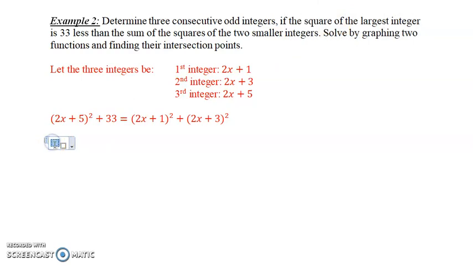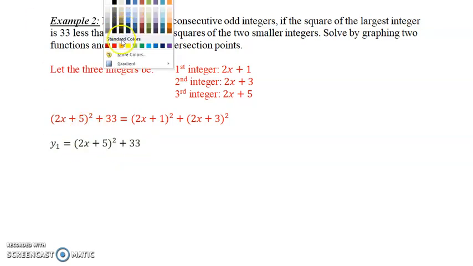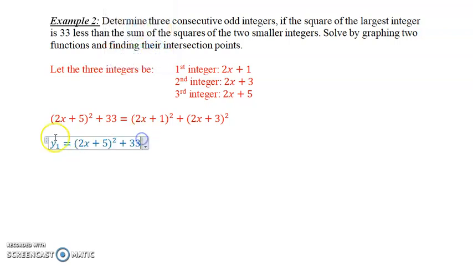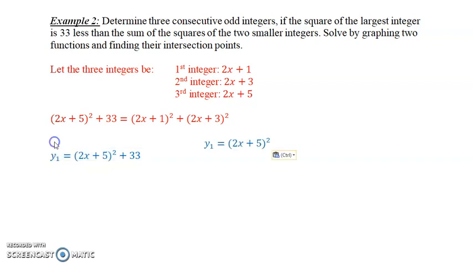So we have y1 equal to the left-hand side of the equation.